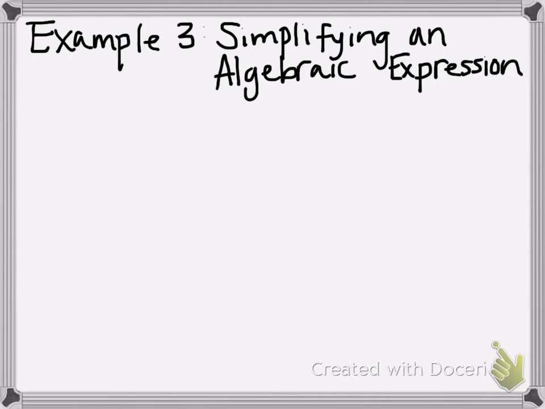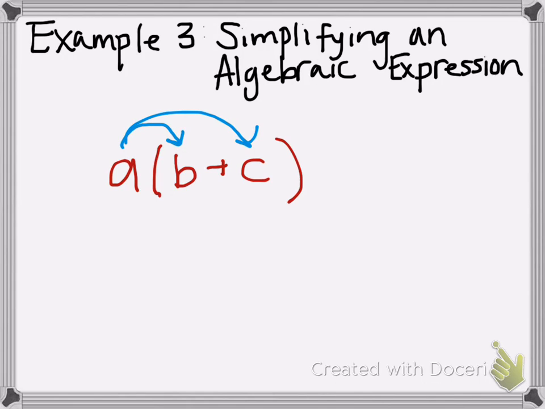What distributive property means is, let me write this out: A, then the parentheses, B plus C. I just want to show you visually what it is. It says A times B plus A times C, so it would be AB plus AC, and those are added together. With that, let's jump into example 3.